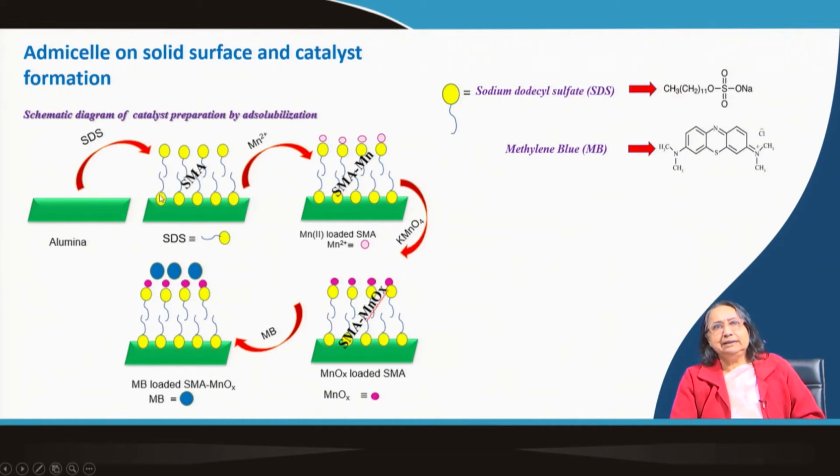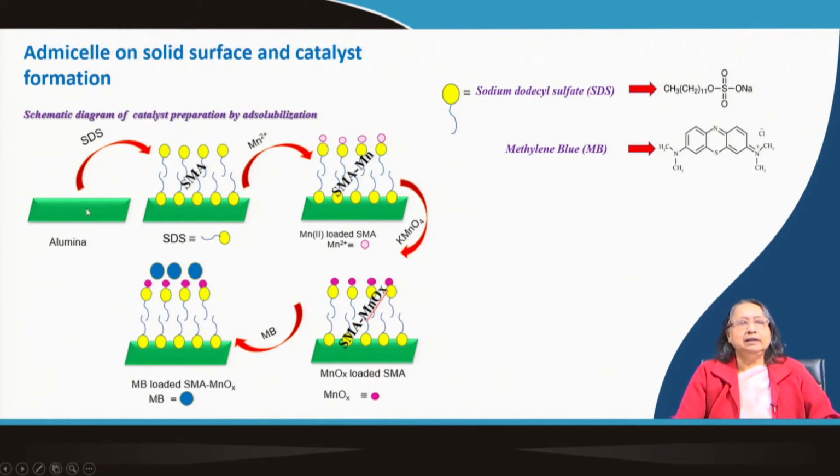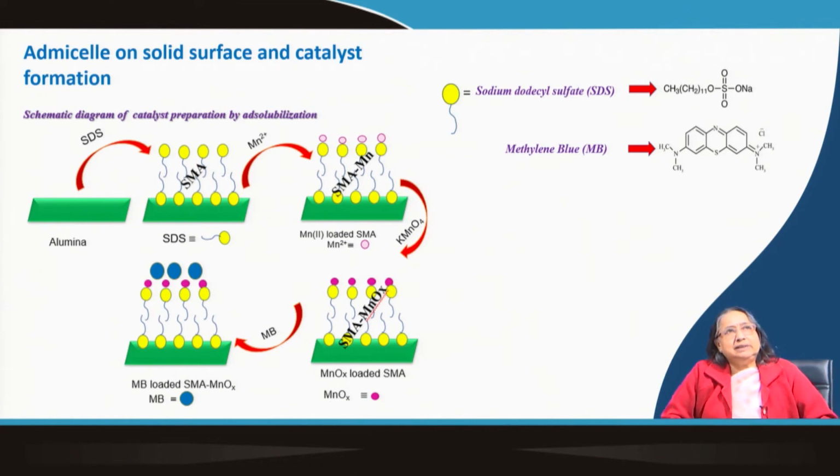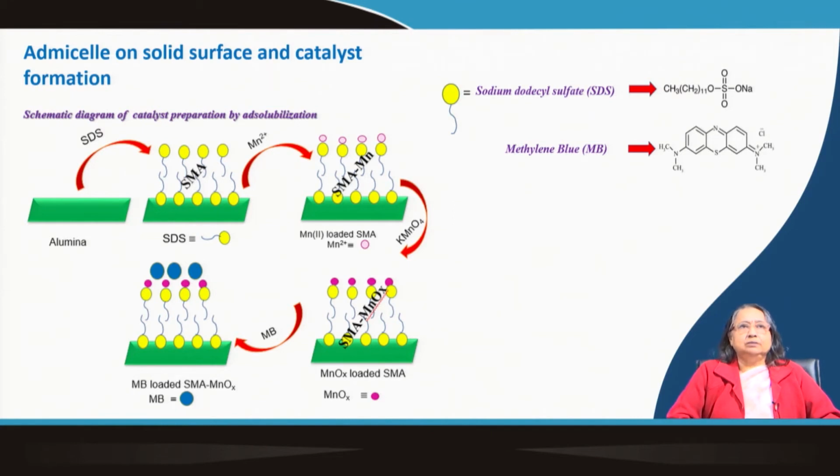Here you can see that the hydrophilic end of the surfactant is facing toward the solid surface. This is the alumina surface. Alumina depends on the pH ZPC. What is pH ZPC? It is a characteristic of a solid surface; it is actually a pH.